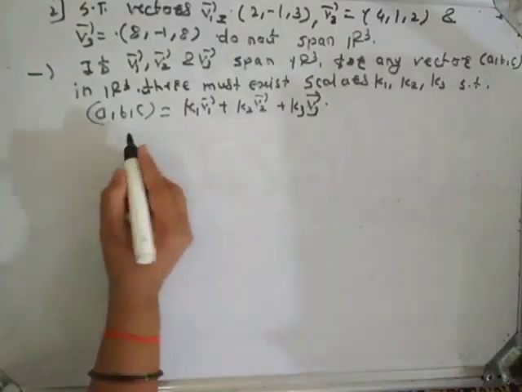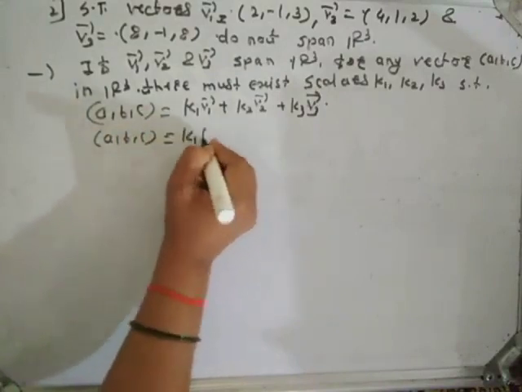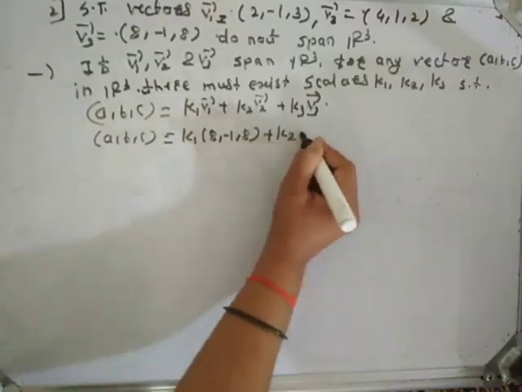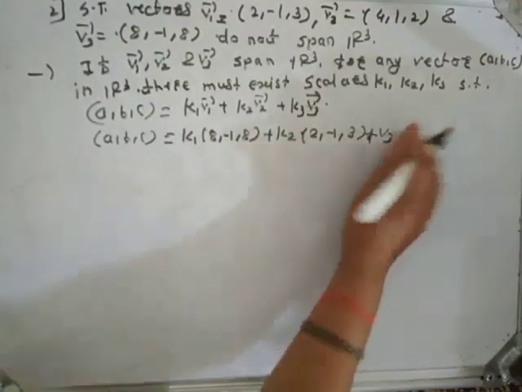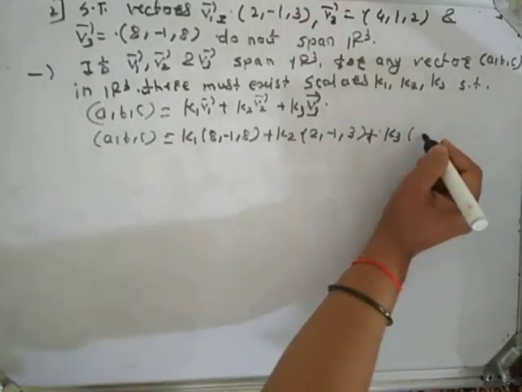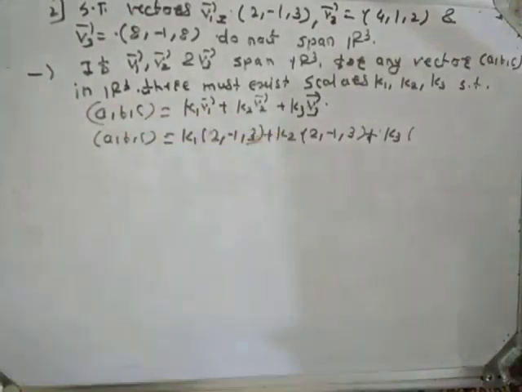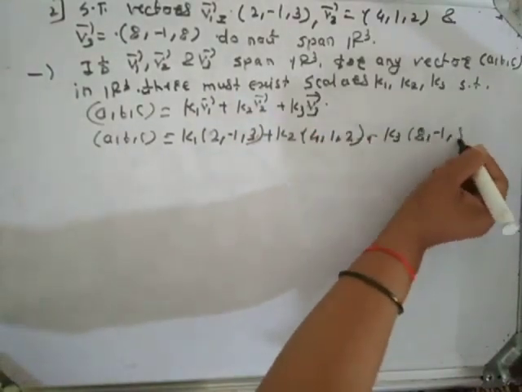Okay. So (A, B, C) equals K1 times V1 bar plus K2 times V2 bar plus K3 times V3 bar, where V1 is (2, -1, 3), V2 is (4, 1, 2) and V3 is (8, -1, 8).